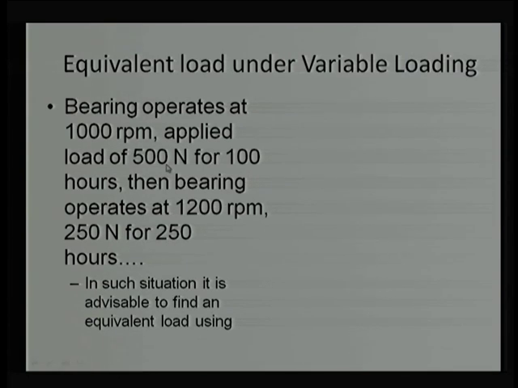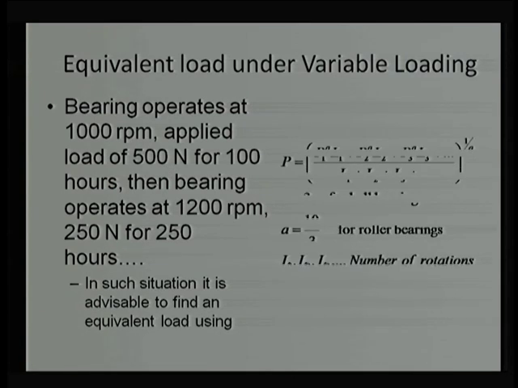Here we don't know what the equivalent load will be. To find the equivalent load, we use this equation. We know the final life, 10⁶ cycles or operating hours, based on whatever we require.